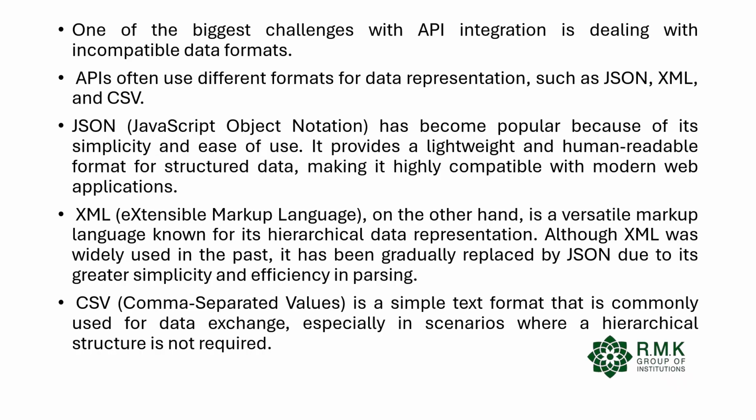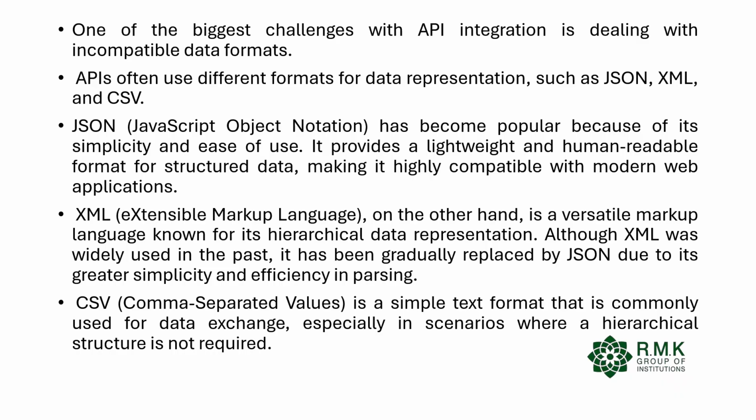One of the biggest challenges in API integration is dealing with incompatible data formats. APIs often use different formats for data presentation such as JSON, XML, and CSV. JSON, JavaScript Object Notation, has become popular because of its simplicity and ease of use. It provides a lightweight and human-readable format for structured data, making it highly compatible with modern web applications.